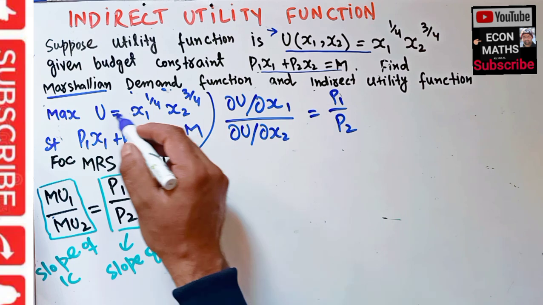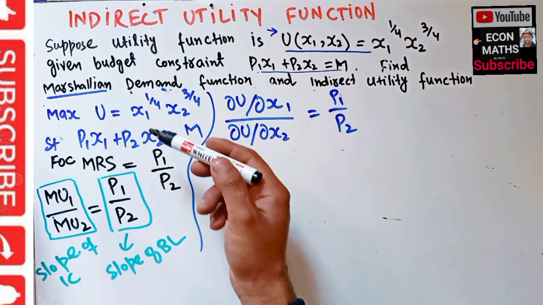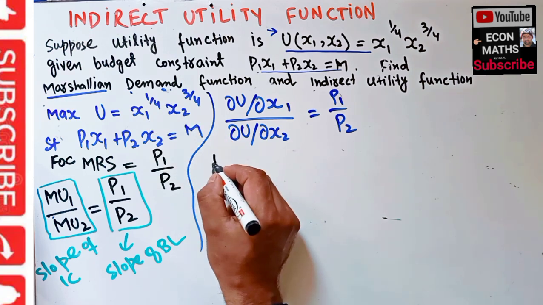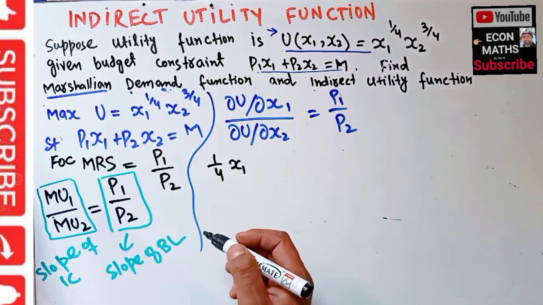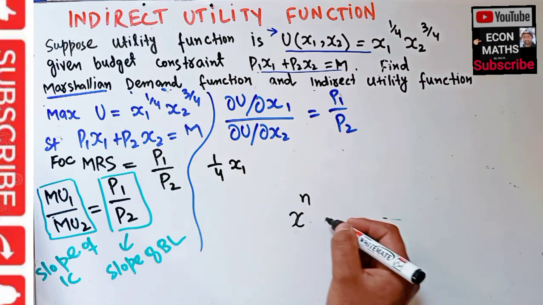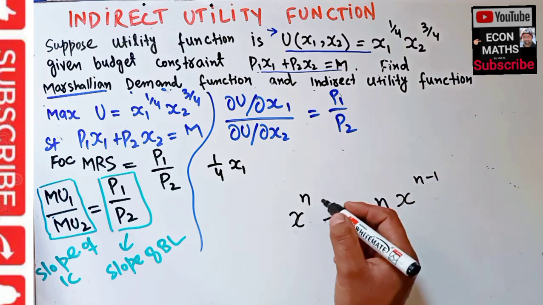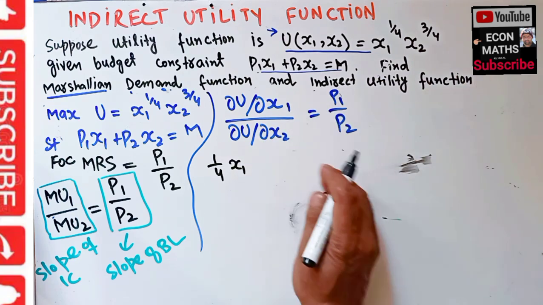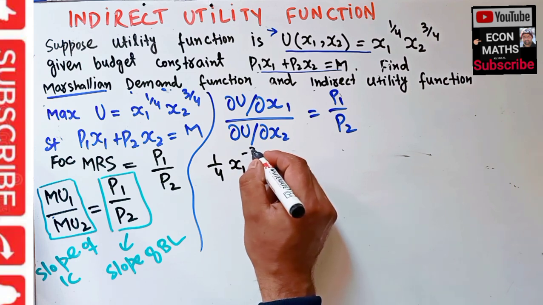Now let us differentiate this utility function with respect to good x1. By the power function rule, the exponent of x1 will become the coefficient, so we have 1 upon 4 x1, and the exponent will be reduced by 1. If we have x raised to the power n, its derivative is simply n x raised to the power n minus 1. In place of n, we have 1 upon 4, so we will have 1 upon 4 minus 1, which becomes minus 3 upon 4.